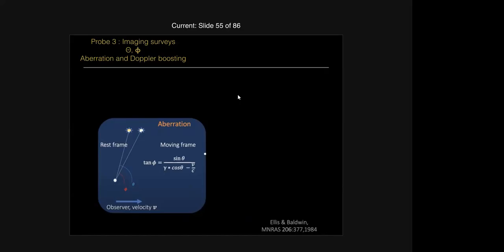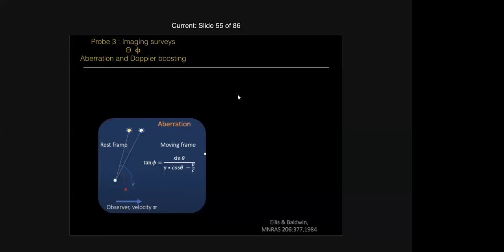So if I count the number of sources, I see more in front of me than behind me. And that was due to the work of Ellis and Baldwin. Basically, Ellis and Baldwin extended the aberration that was discovered 300 years earlier to cosmology.